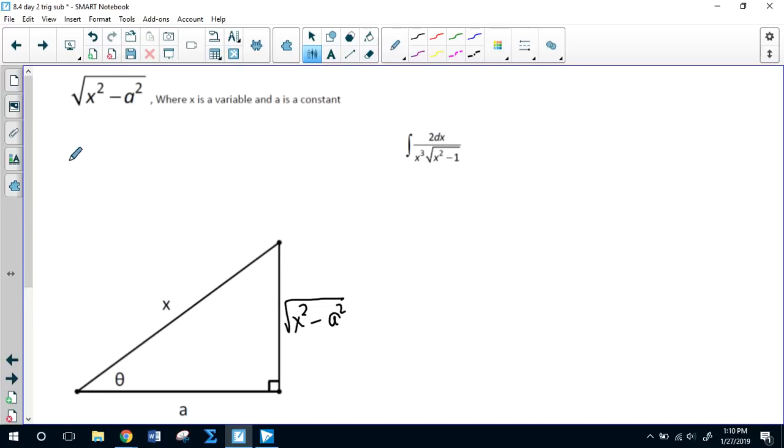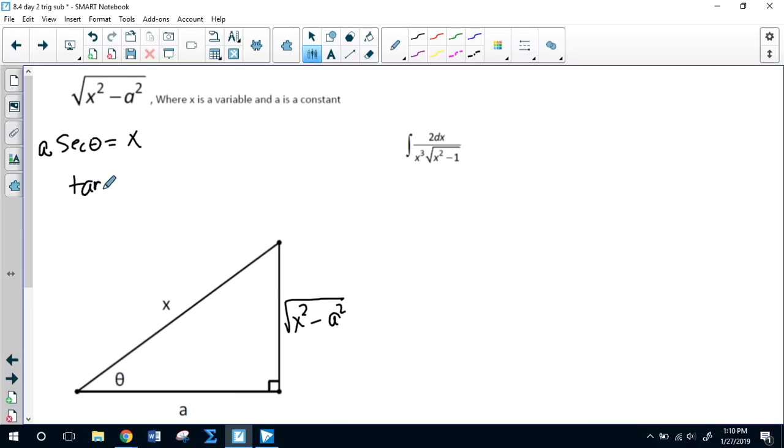Okay, so that means when I go to do my trig setups, I'm going to use that secant setup that I did from the last problem, where I'm going to say secant is equal to the hypotenuse over adjacent, and I'm just going to throw the adjacent side out front. And then this is the opposite over adjacent, so this is actually a tangent setup.